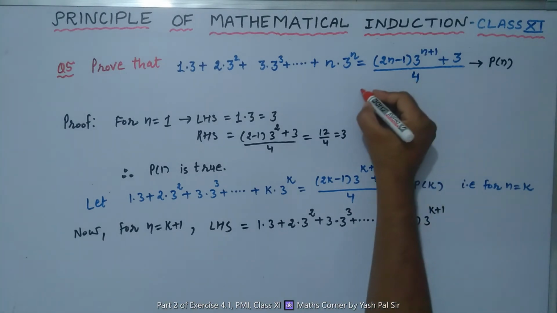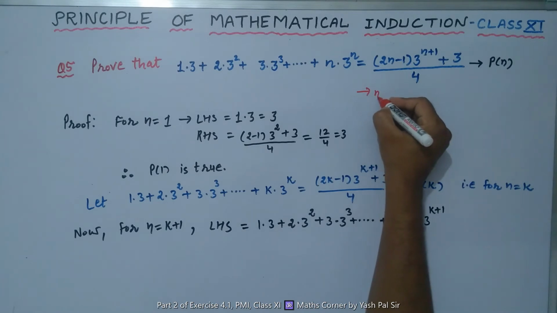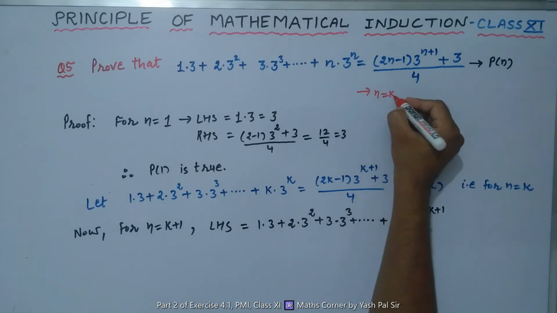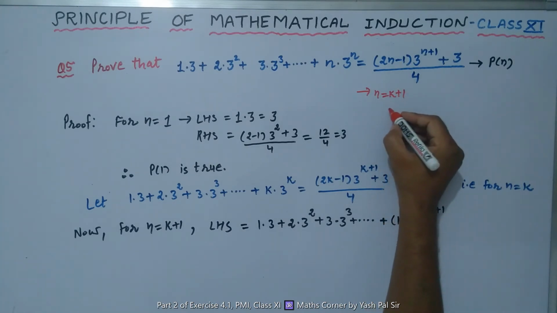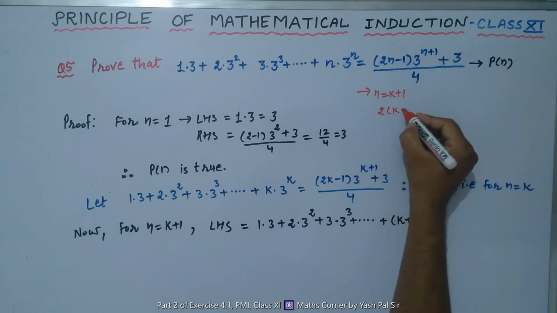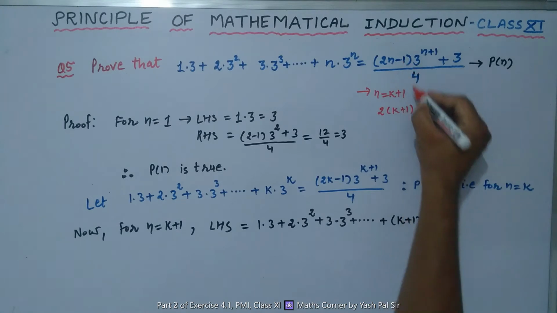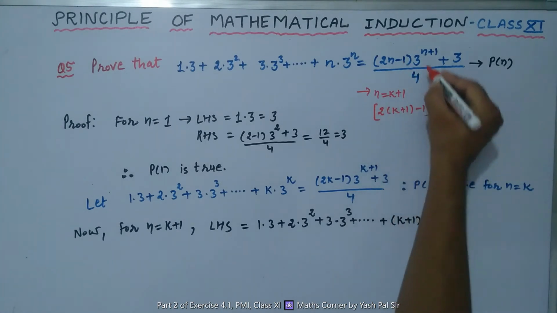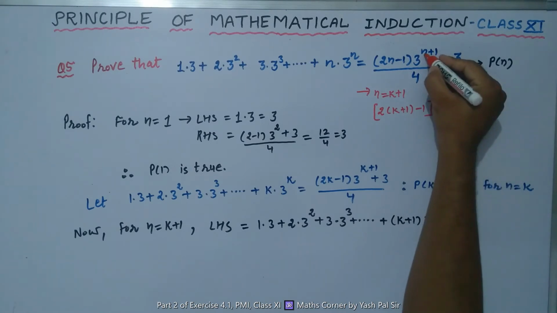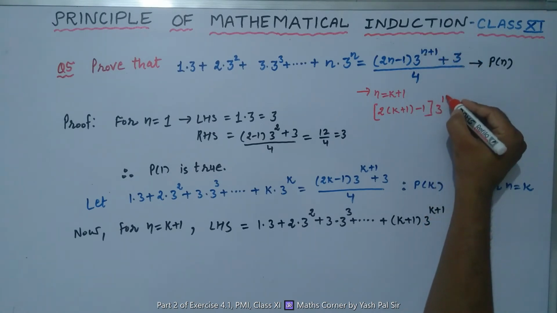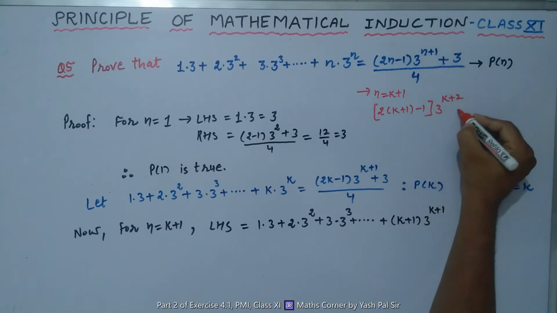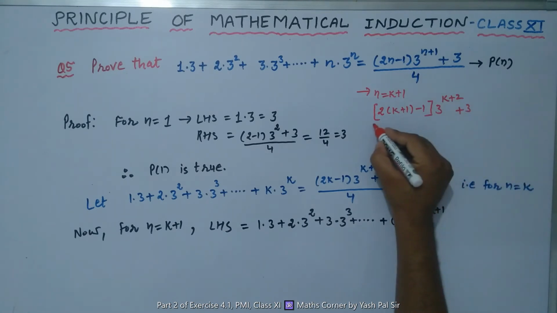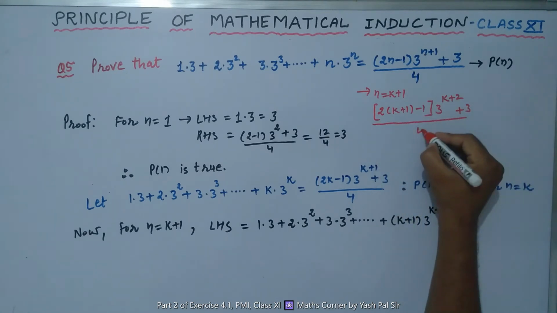That is, for n is equal to k plus 1, we should have the result 2 into (k plus 1) minus 1, into 3 raised to power (k plus 1) plus 1, plus 3, whole divided by 4.